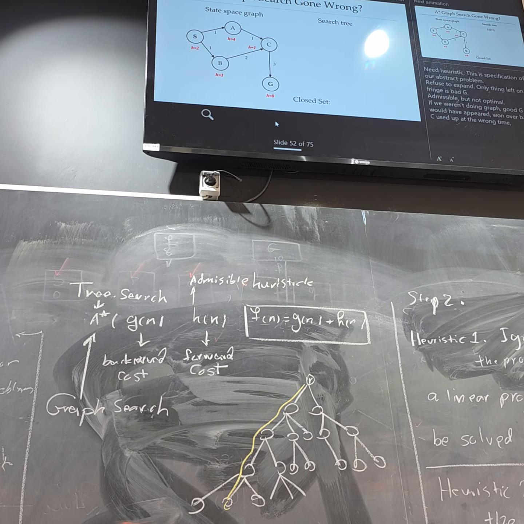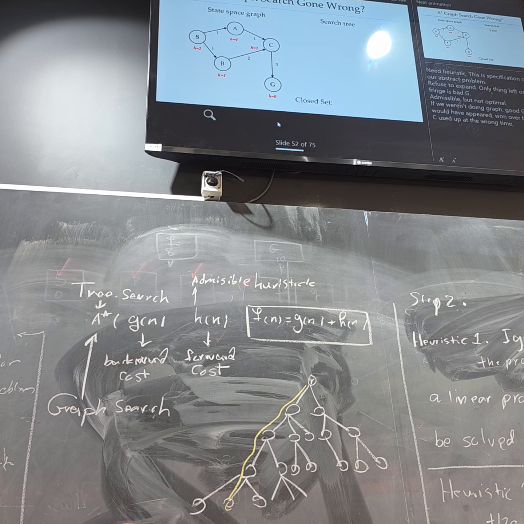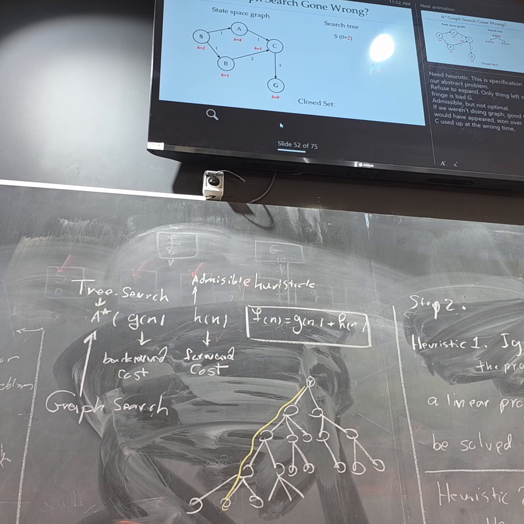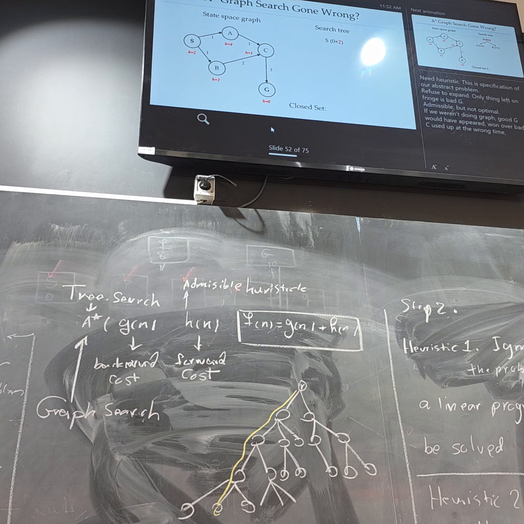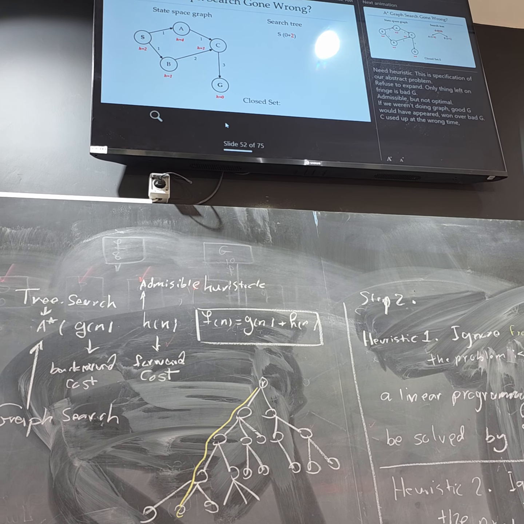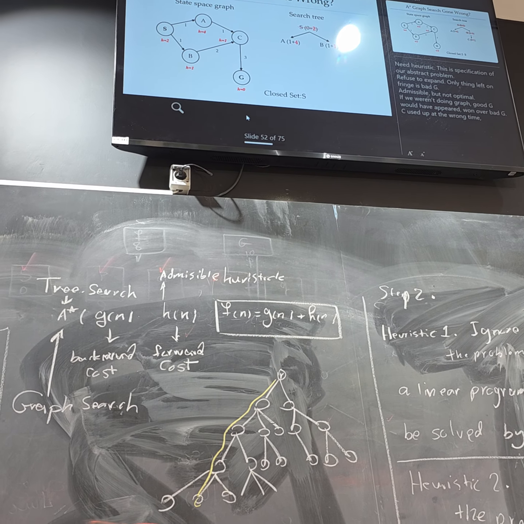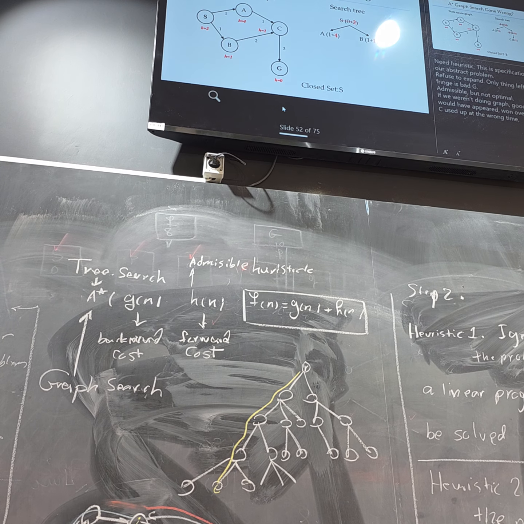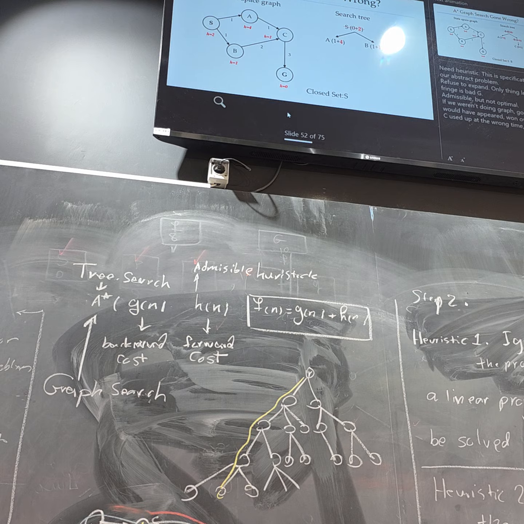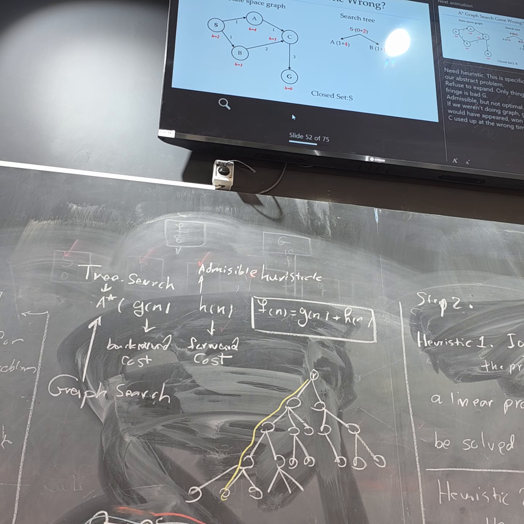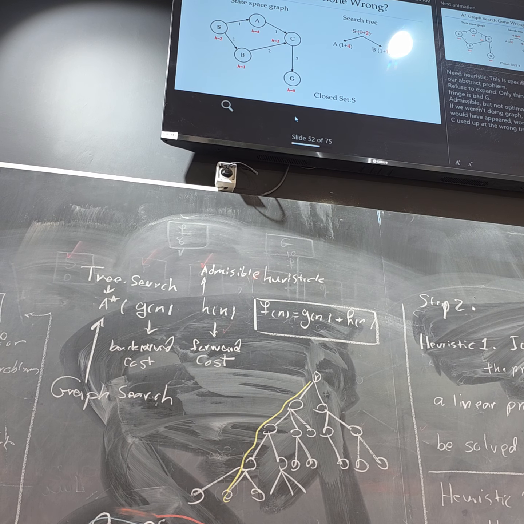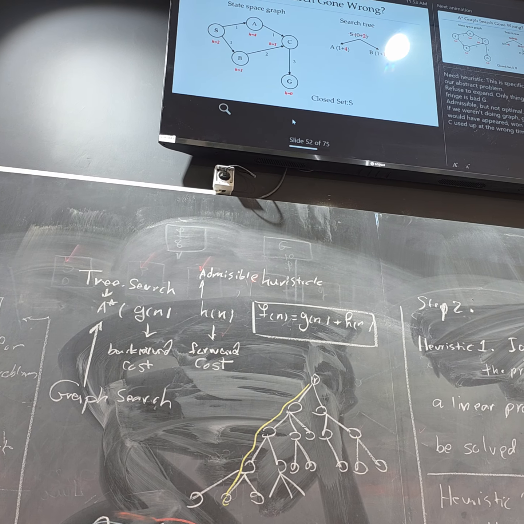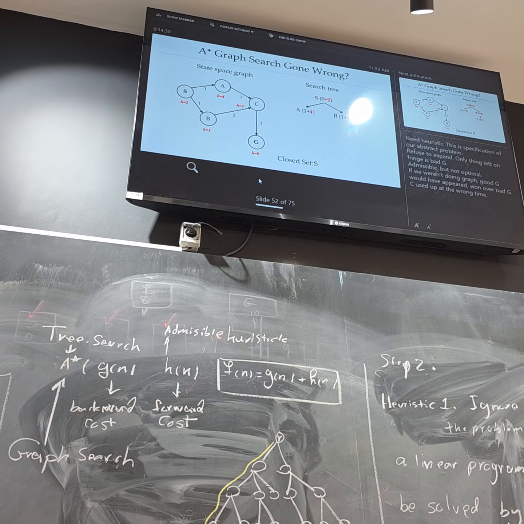If you implement A star, we started from S, G is 0, H is 2. We select the neighbors. Neighbors are A and B. Both of them have G equal to 1, and the heuristics are different, 4 and 1. The f value for B is better than A. Because of that, we select B for expanding.